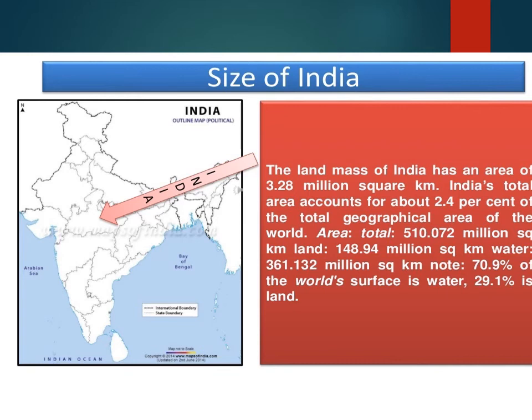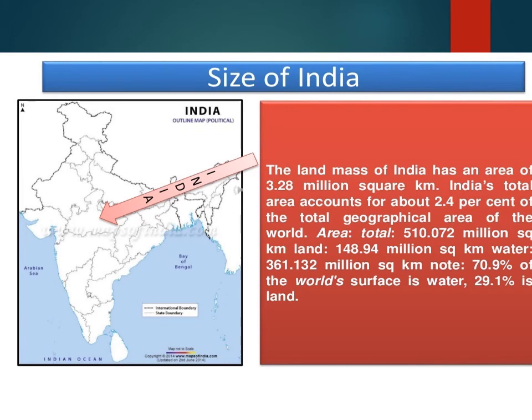The next part of the lesson is the size of India. The landmass of India has an area of 3.28 million square kilometer. India's total area accounts for about 2.4% of the total geographical area of the world.